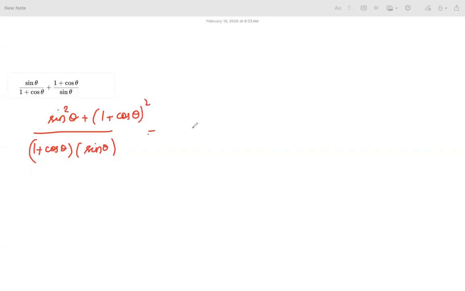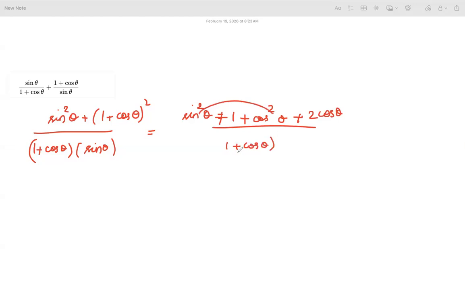Again, it just involves a plus b the whole square, all that stuff. Sine square theta plus 1 plus cos square theta plus 2 cos theta, divided by what to do? This and this becomes 1, right? This becomes 1 plus cos theta and then sine theta. Let's see what I get. So this is 2 plus 2 cos theta divided by 1 plus cos theta times sine theta.